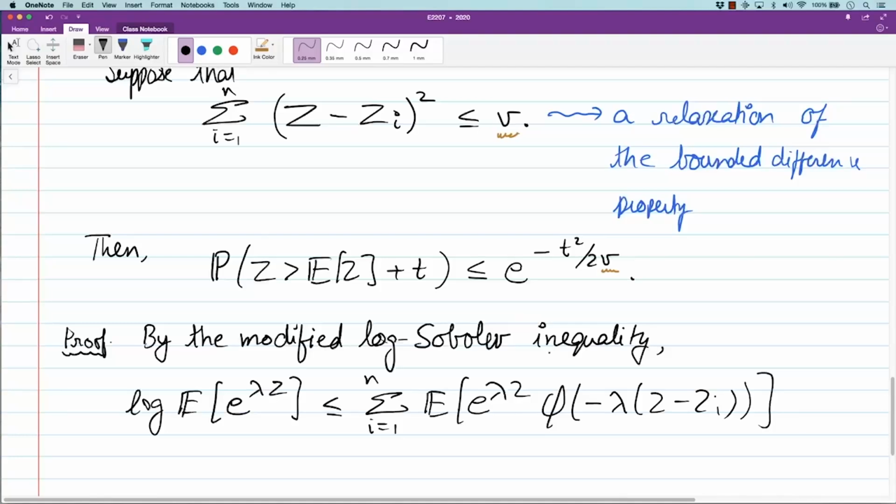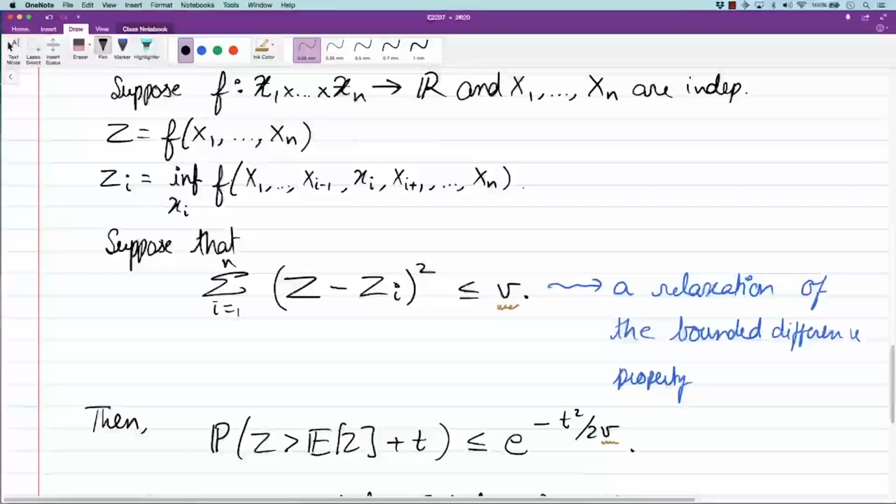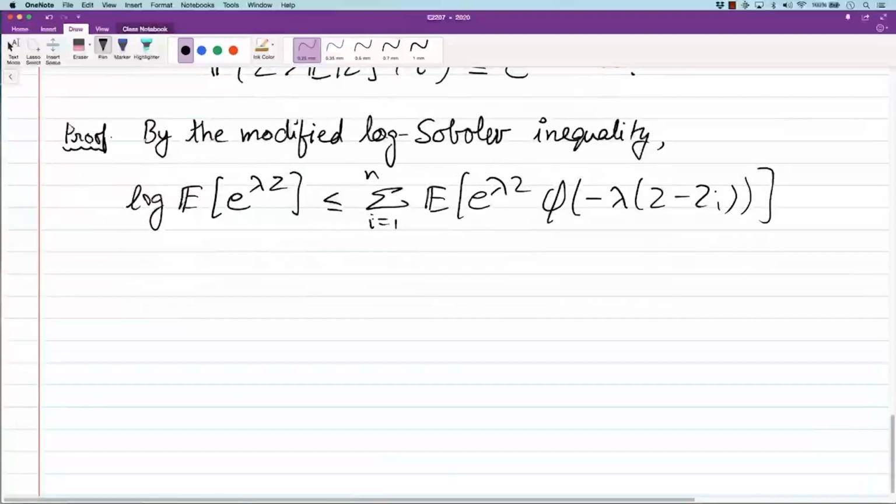This holds because Zi here is a function of all but the ith coordinate. So if you fix x1 to xi minus 1 and xi plus 1 to xn, you can view Zi as a function of these. Okay, so this is true.